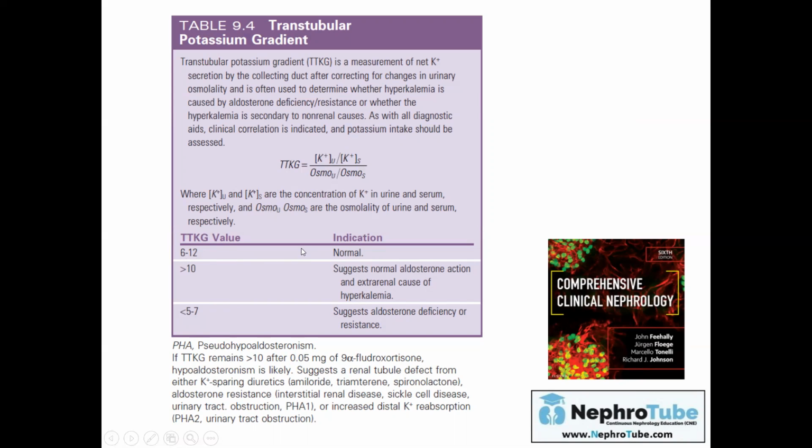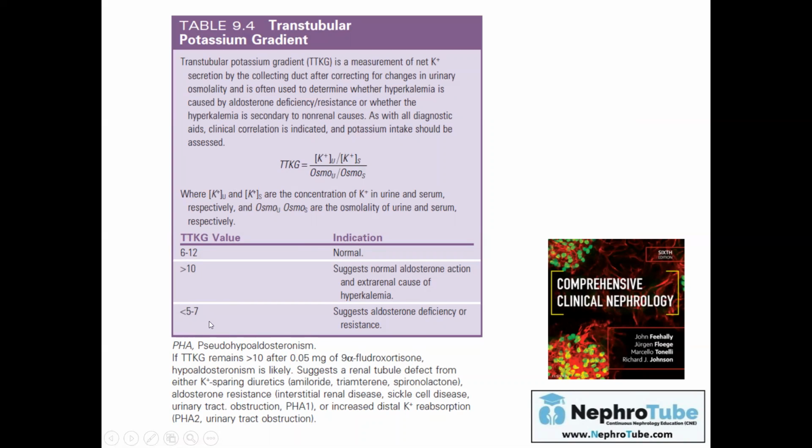But in cases of hyperkalemia, if the transtubular potassium gradient is more than 10, that means that the aldosterone action is good, and there is a good excretion of potassium through the kidneys. But if the gradient is low, this means that the potassium excretion through the kidney is low due to aldosterone deficiency or resistance.